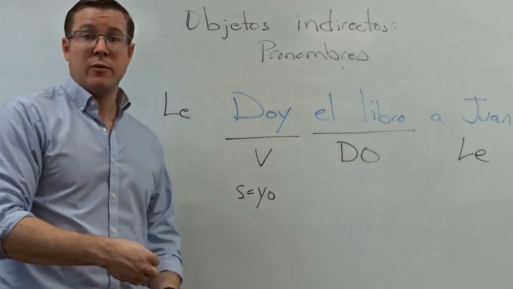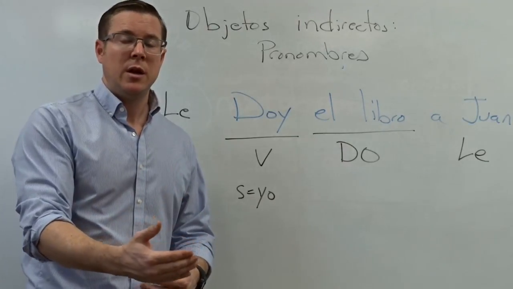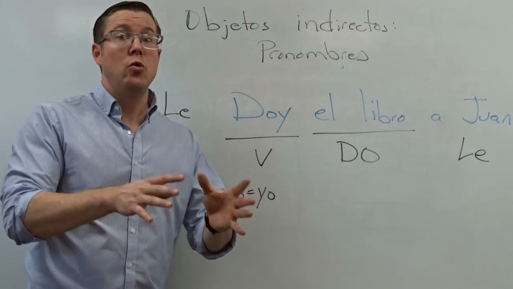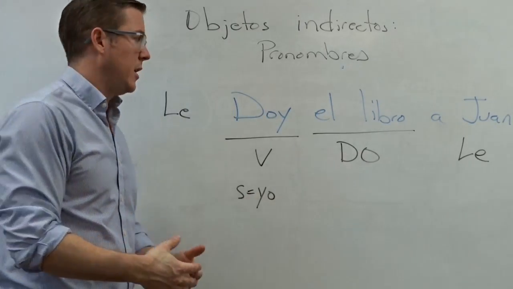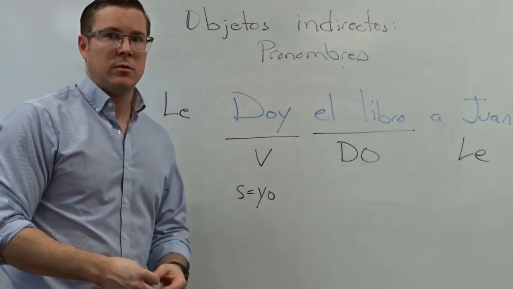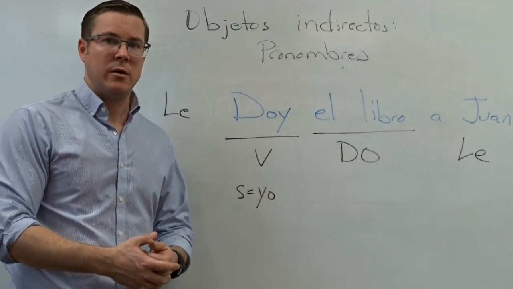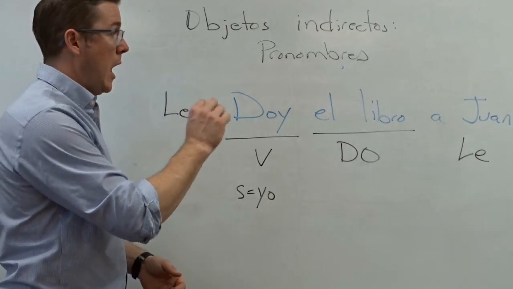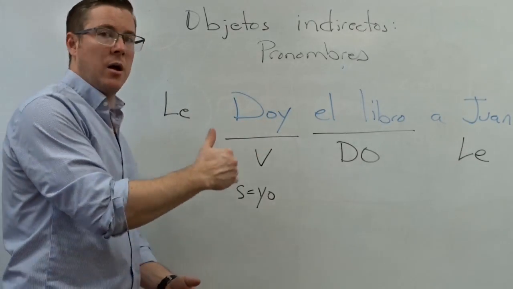If I say, for example, in English, I give the book to him, if you don't have any context of who him is, you might be confused. Same thing in Spanish. If I just say, le doy el libro, and I don't give you any context, you might not know who I'm talking about. So I would include a Juan as a point of clarification. Le doy el libro a Juan.